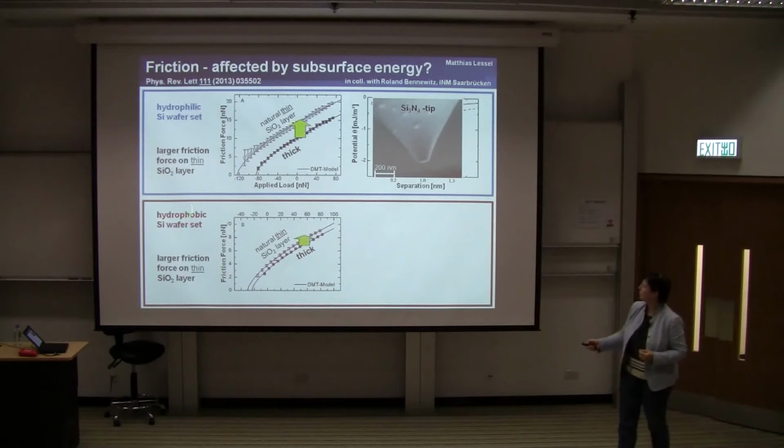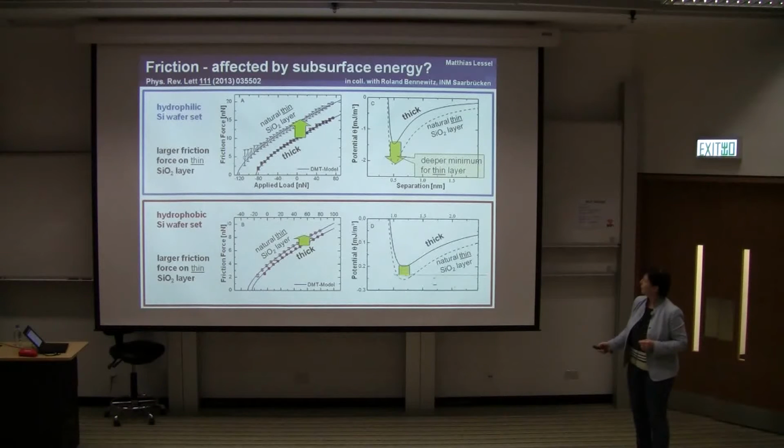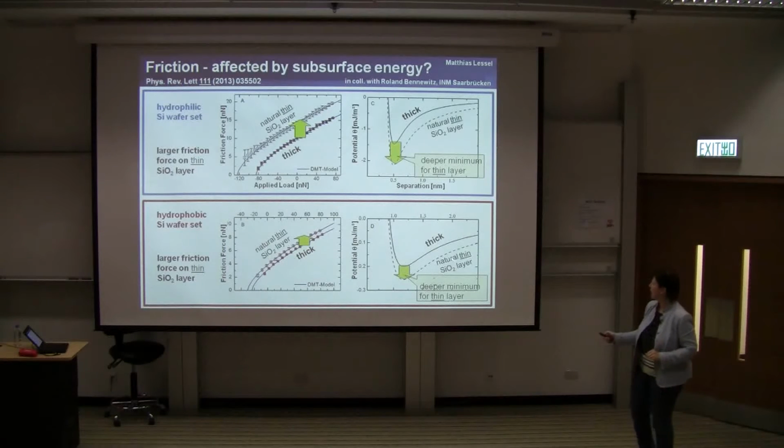And the same is true for the hydrophobic wafer set. The difference is a bit smaller, but for the same reason, because we have a little thicker silicon dioxide layer if we add up the self-assembled monolayer, which has about the same dielectric properties as compared to the silicon dioxide. So, again, deeper minimum for the thin layer in both cases.